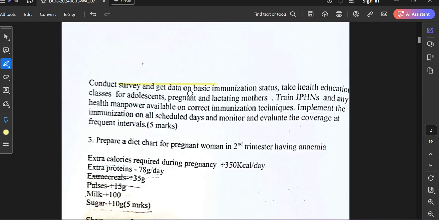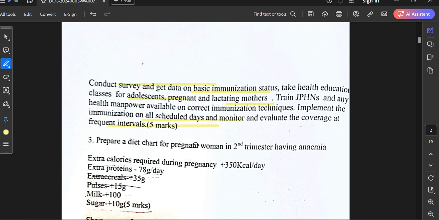For that, we have to conduct a survey, get data on the basic immunization status, take health education classes for the adolescents, the pregnant and lactating mothers, train the JPHNs, that is the junior public health nurses, and any health manpower available on the correct immunization techniques, implement the immunization on all scheduled days, and monitor and evaluate the coverage at frequent intervals. So, suppose you start at the beginning of a year, like January, have a review after 4 months, that is around May, and conduct another survey.